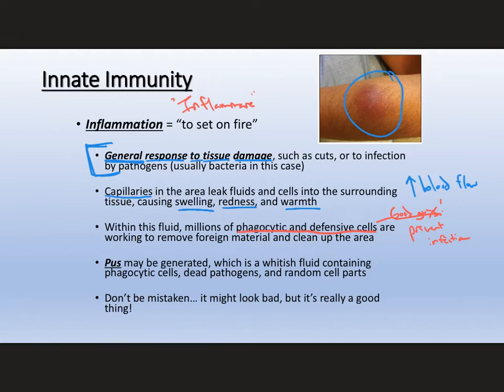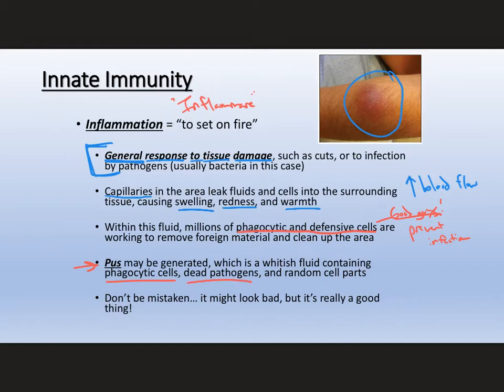Now, also, if you watch Avengers: Infinity War, there are a whole bunch of dead, bad aliens laying around this place when all is said and done. And this is basically what pus is. Now, this makes a lot of people uncomfortable to talk about pus. But this is a whitish fluid, right? It's going to contain a lot of your cells.